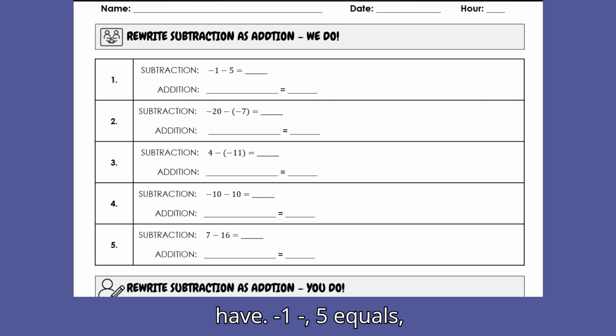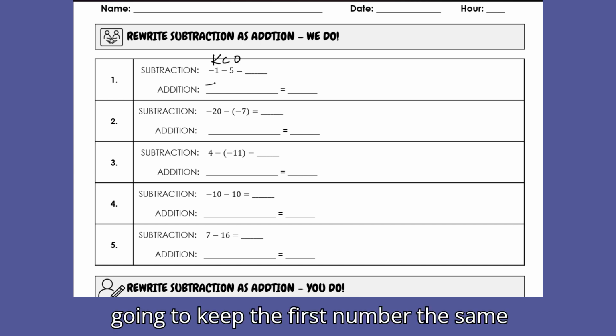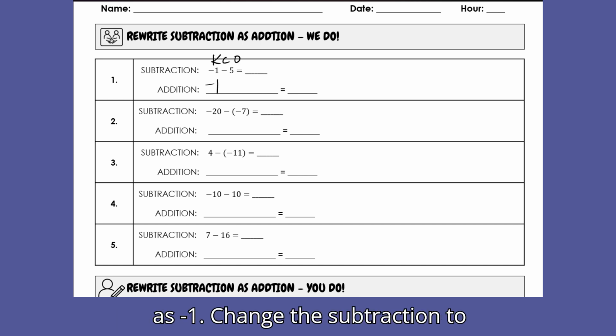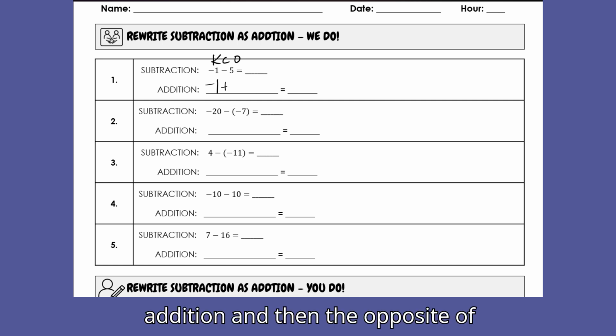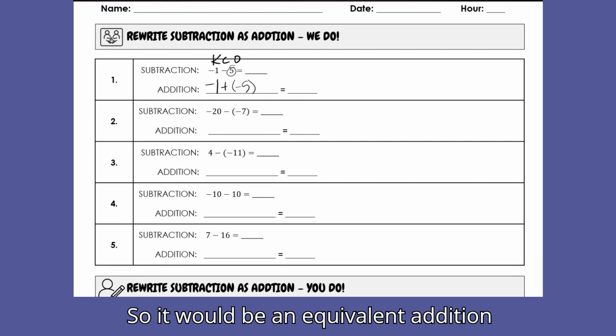So we have negative 1 minus 5 equals. So keep, change, opposite. I'm going to keep the first number the same as negative 1, change the subtraction to addition, and then the opposite of positive 5 would be negative 5. So it would be an equivalent addition number sentence.